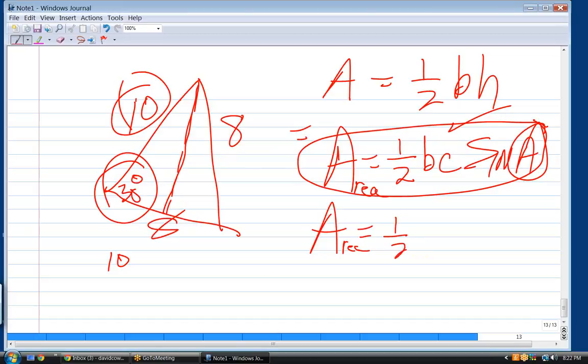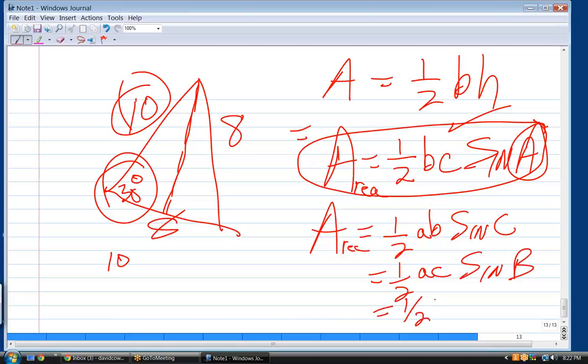So it's 1/2 A times B times the sine of C, or 1/2 A times C times the sine of B, or 1/2 B times C times the sine of A. So as long as these 3 letters are all different, that's how you do it.